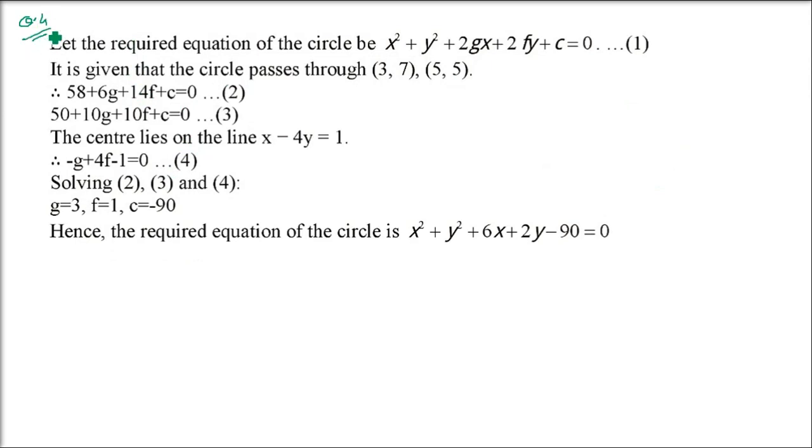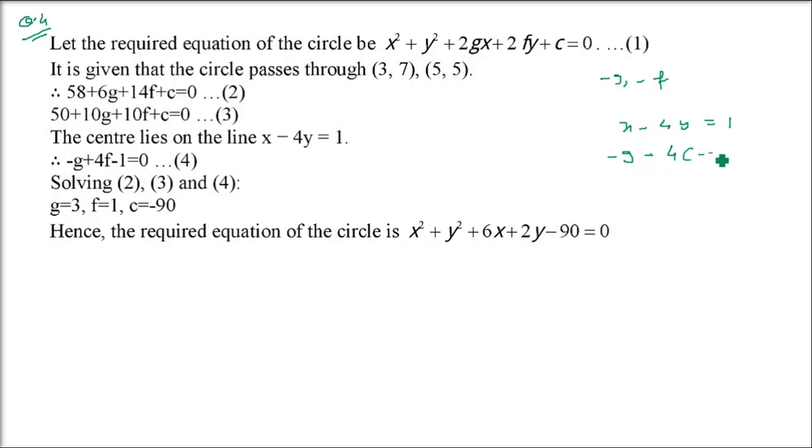Question number 4. Find the equation of the circle which passes through the points 3, 7, 5, 5 and has its center on the line x minus 4y equals 1. Same type of thing is here, exactly same. Now x minus 4y equals 1 is the equation. Put minus g and minus f, which is the center, here.